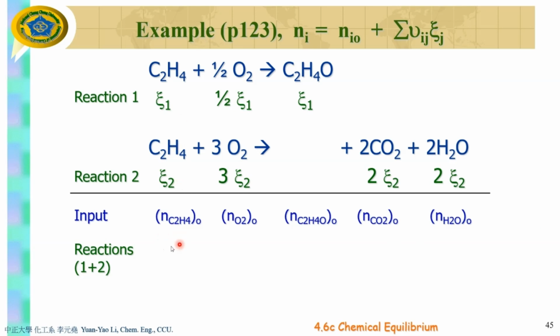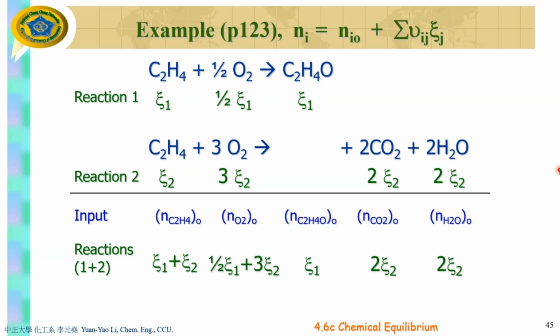So here you will have Xc1 times Xc2. Here you will have half Xc1 plus 3 Xc2. And you will have Xc1 here. And you will have Xc2 here and 2 Xc2 here. And what is this? This is a summation of nu times Xc, right? Xc1 plus Xc2 will be the summation of nu times Xc for these two reactions, right?